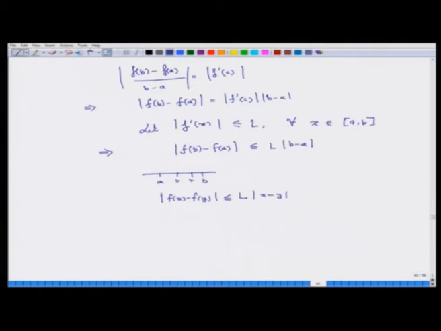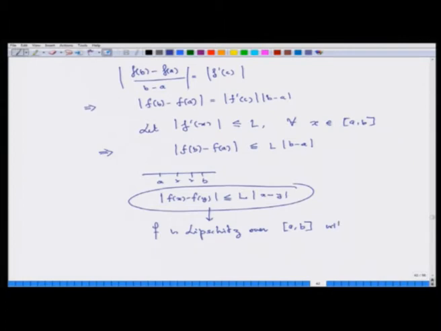This property is called the Lipschitz property. So, we say that f is Lipschitz, and this is a very important property in many aspects of mathematics, engineering sciences, economics and all those things. So, f is Lipschitz over a b with Lipschitz rank L.